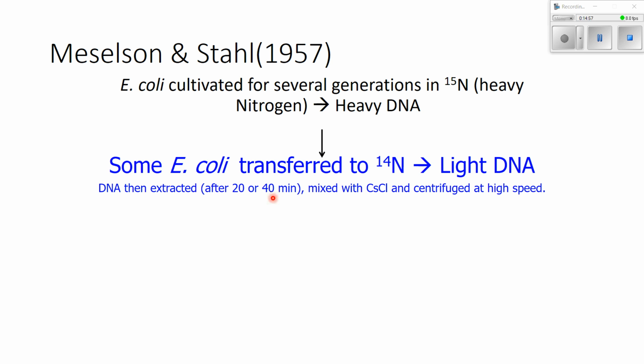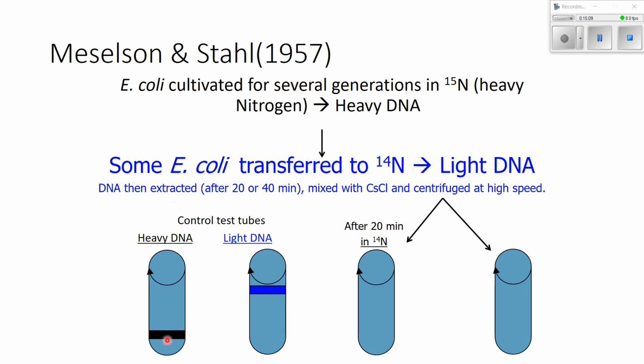Okay. Meanwhile, they took some E. coli out of the heavy nitrogen and they extracted the DNA from those bacteria and they put it in a test tube. Here's the test tube. They also put in a liquid, a type of salt solution called cesium chloride. It's a really thick salt solution that they mixed in with the DNA.